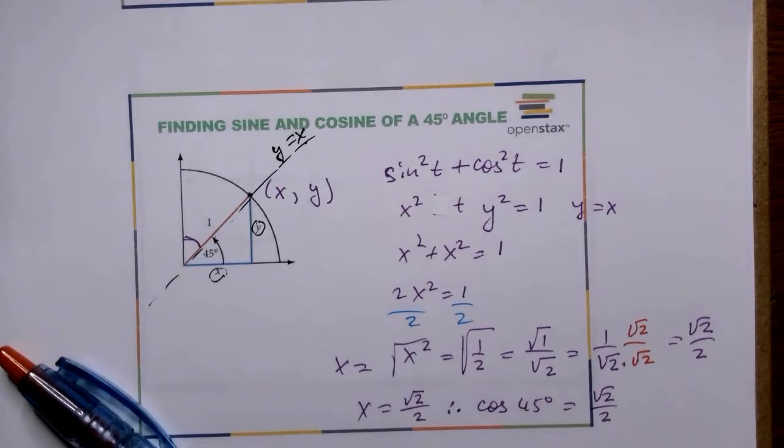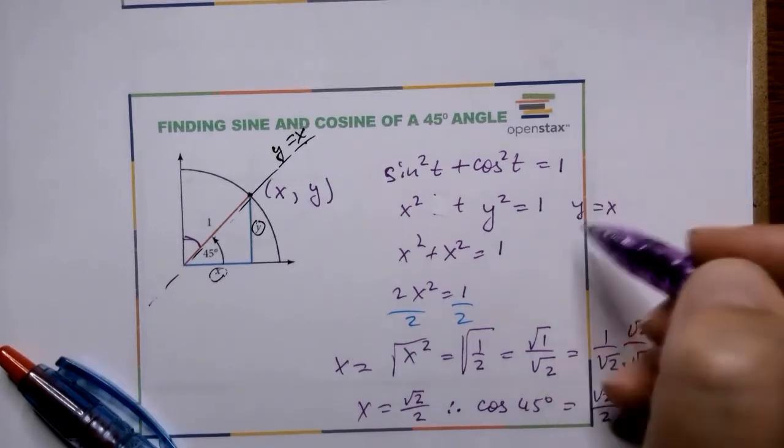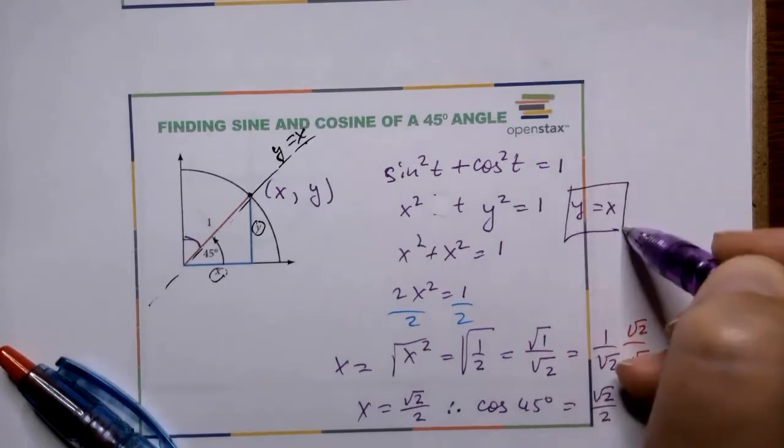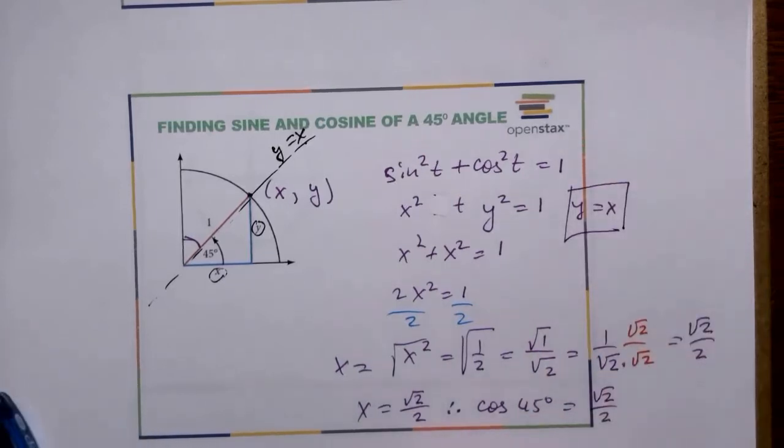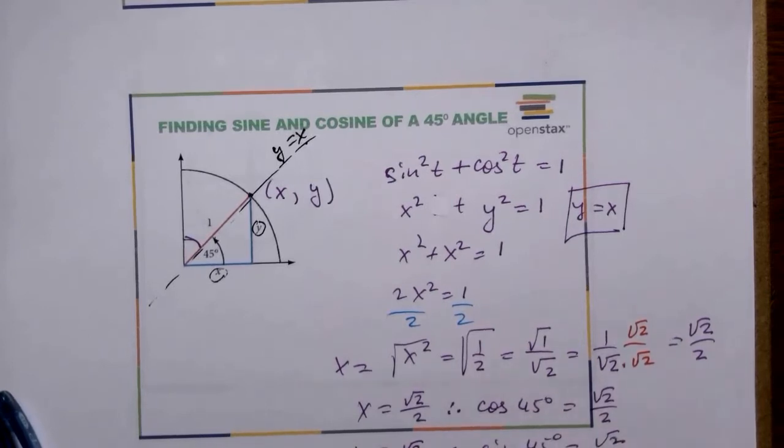Now the question is, what is the sine? Well, here it is. x equals y, right? So y also equals square root of 2 over 2, and that means that the sine of 45 degrees is also square root of 2 over 2.